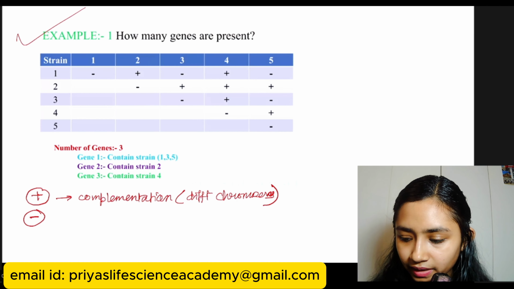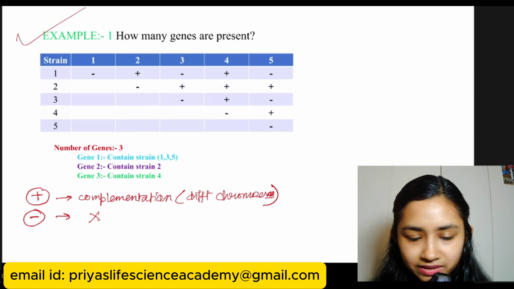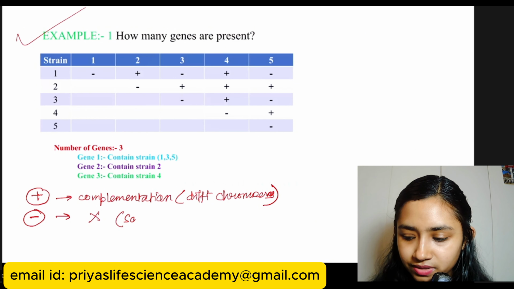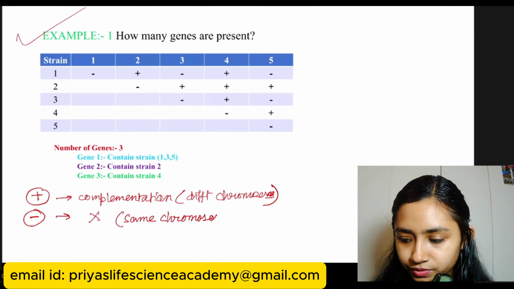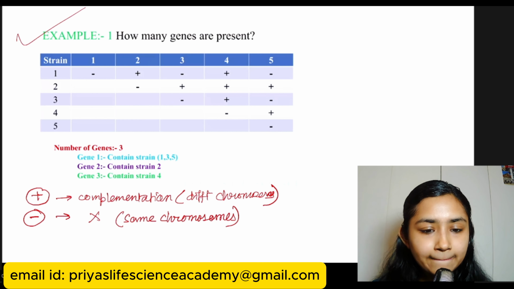And minus means no complementation and the genes are on the same chromosome. So by that you can understand.